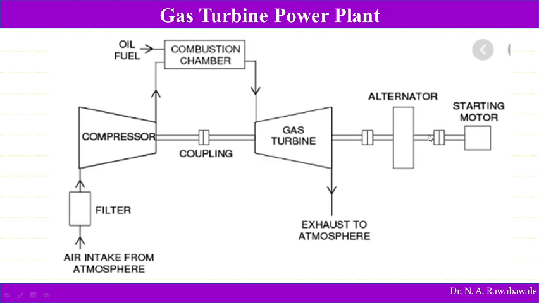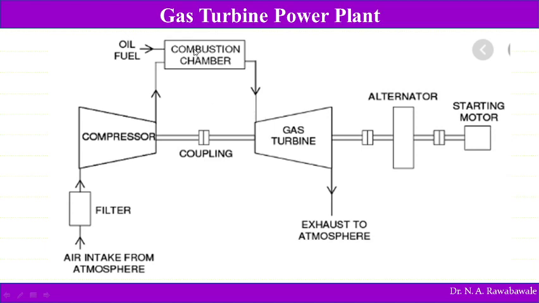This starting motor helps run the compressor to compress air, and as power generation starts and the hot gases come into the gas turbine, the gas turbine itself starts to produce mechanical work. At that time the starting motor is switched off. So the starting motor is required at the initial stage when we start this gas turbine power plant.